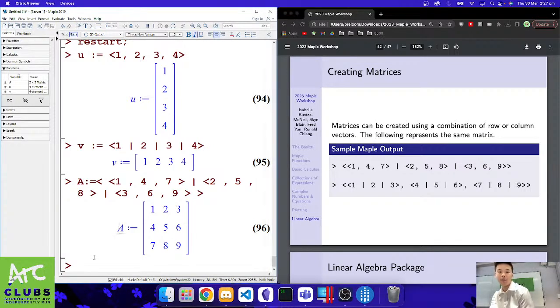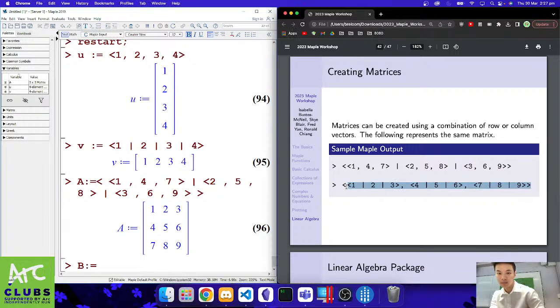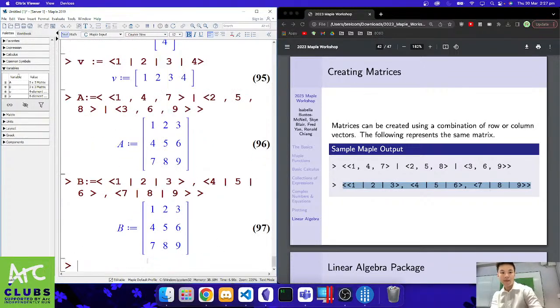Second way we can define them is through looking at rows of row vectors. Okay. So if we copy the second one over, hit enter, as you can see, we get out the same matrix. But the key difference is that these elements are instead row vectors. So the first element here, 1, 2, 3, represents the first row.